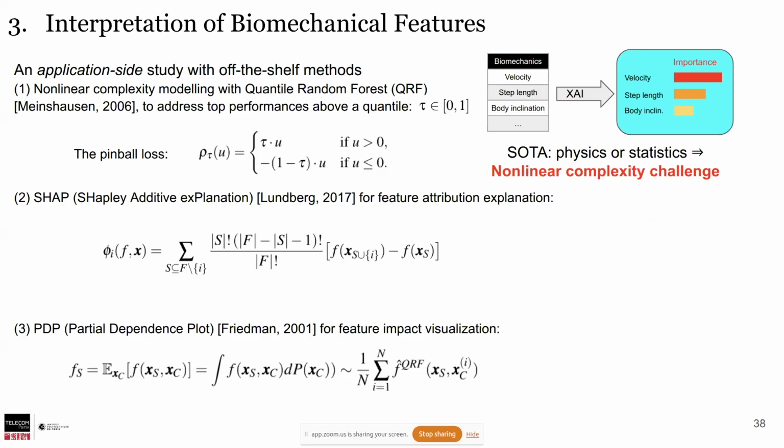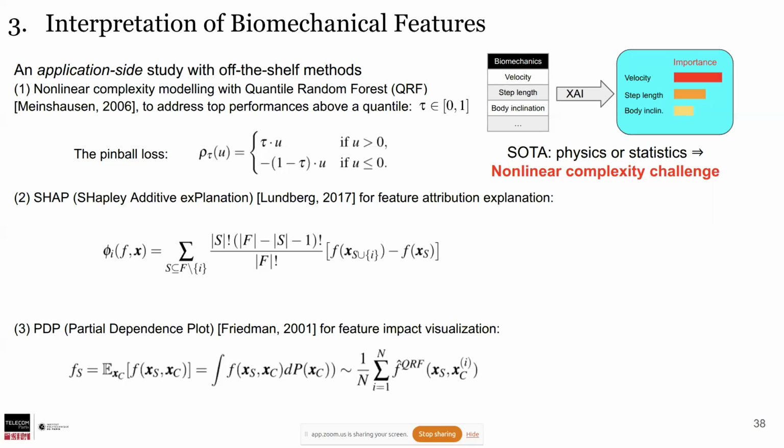Then to explain this model, we rely on SHAP analysis, which is described by this equation. On the right side, this part shows the effect with the feature and without the feature for a certain sample.